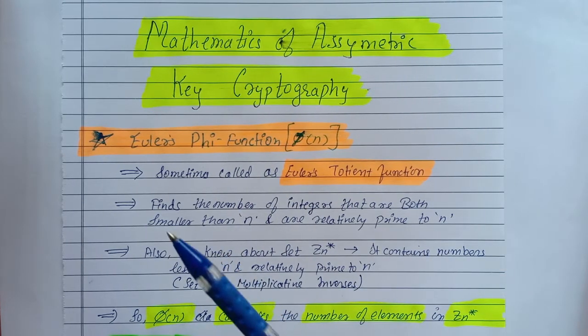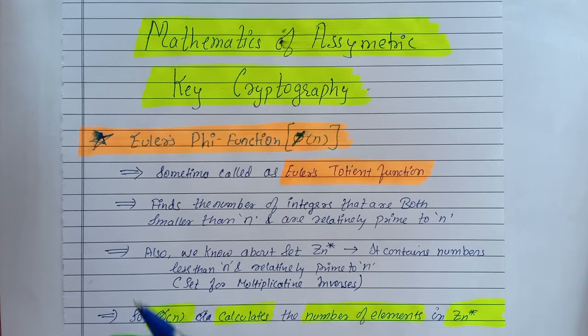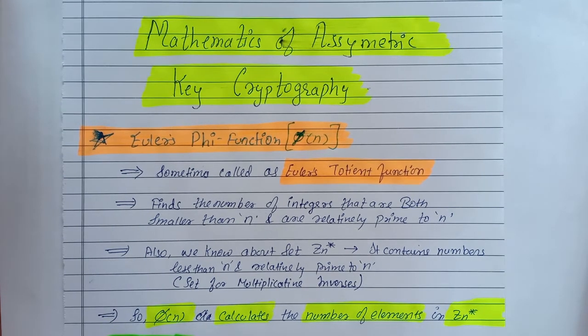First we will see Euler's phi function. It is also called Euler's totient function. It is used to find the number of integers that are smaller than n and relatively prime to n. We know about the set Zn star, which we have seen earlier in my previous video.